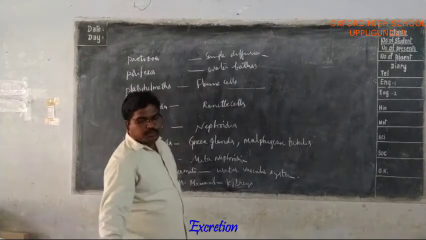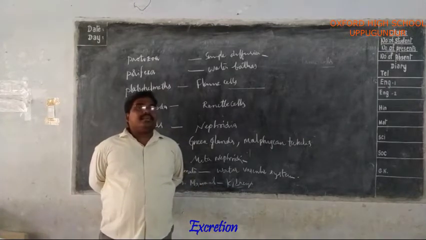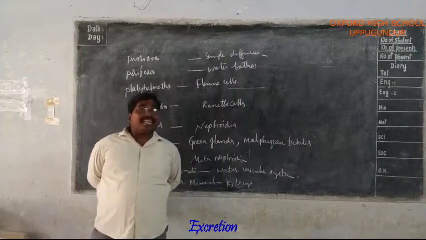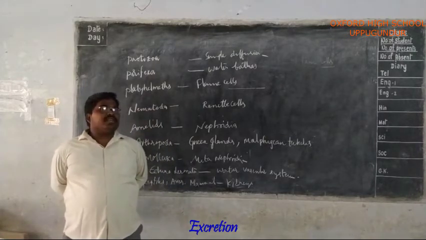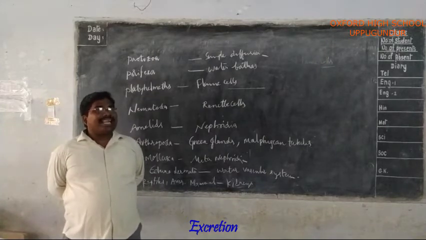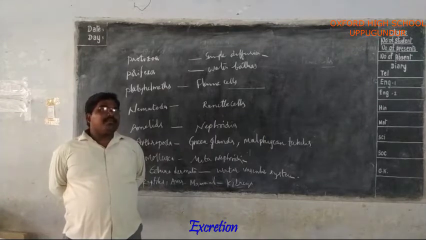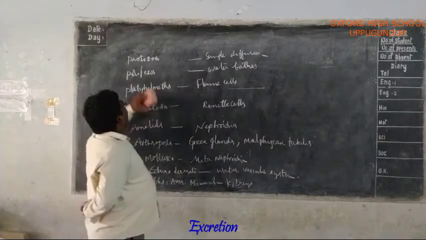Now I am going to explain how plants excrete. Do plants excrete like animals? Think about it. Do the plants present in our surroundings excrete like animals? If not, what is the process?